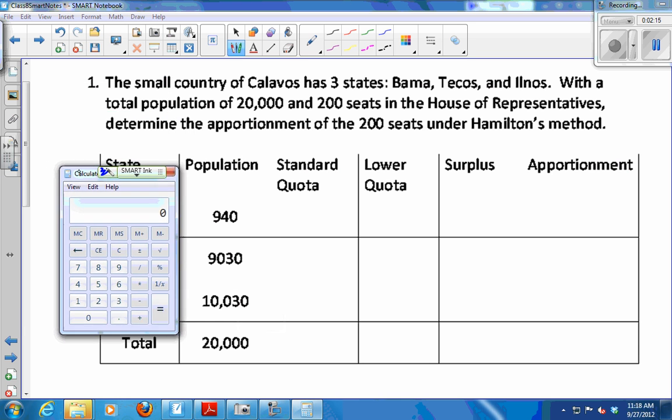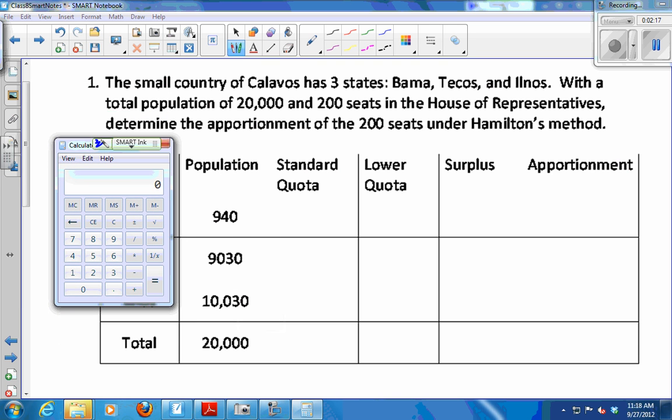So you do your total population of 20,000 people and you divide by the number of seats, 200. That gives you something called the standard divisor, which represents the number of people per seat. That's the number of people that each congressperson represents. 100 people.